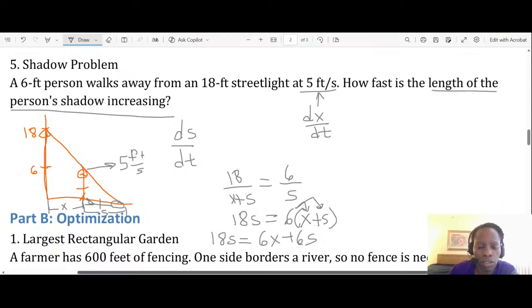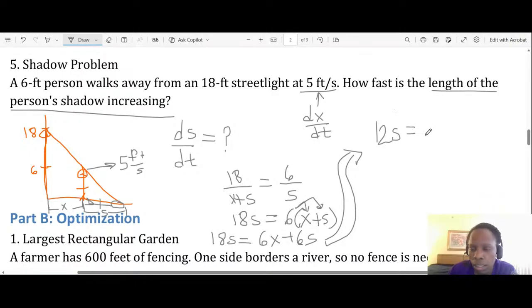We got an 18s over here and 6s over there, to get 12s is equal to 6x.